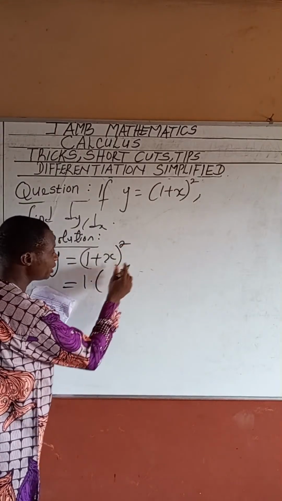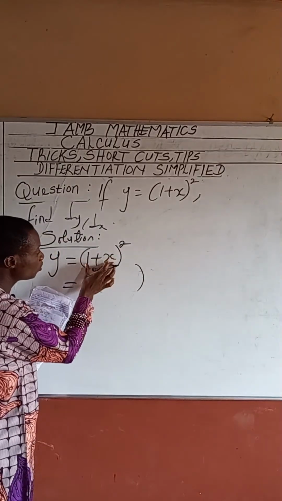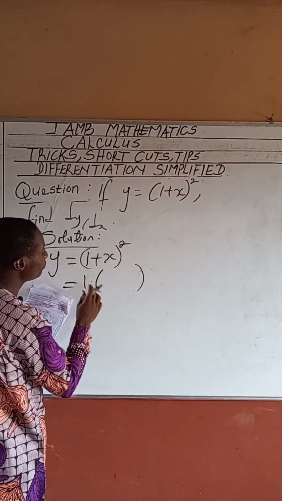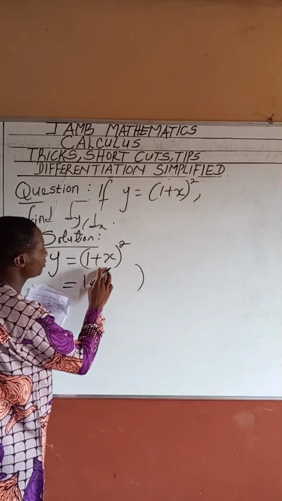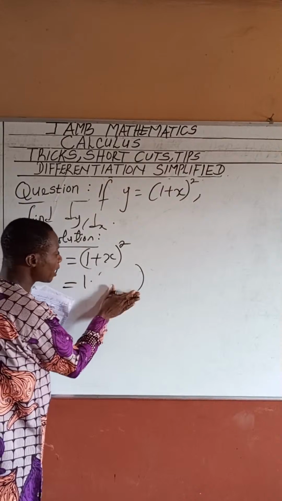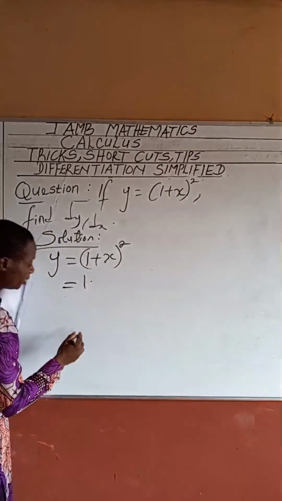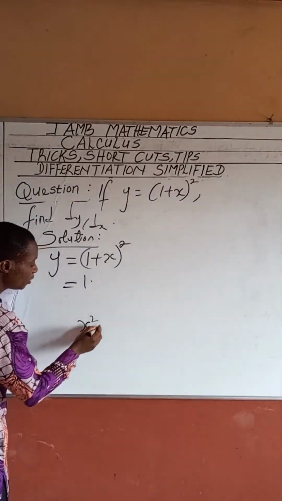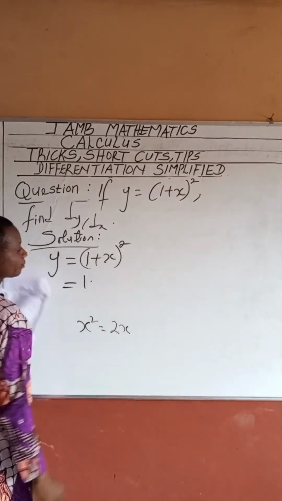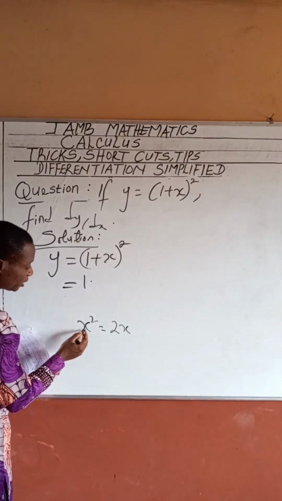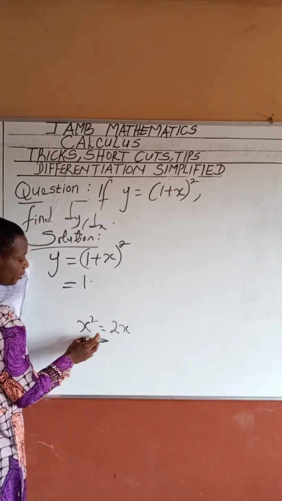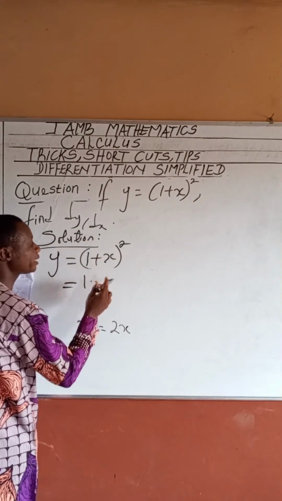Then differentiate this one like normal. If you differentiate x squared, remember it to be 2x. So differentiate this one like 2x.